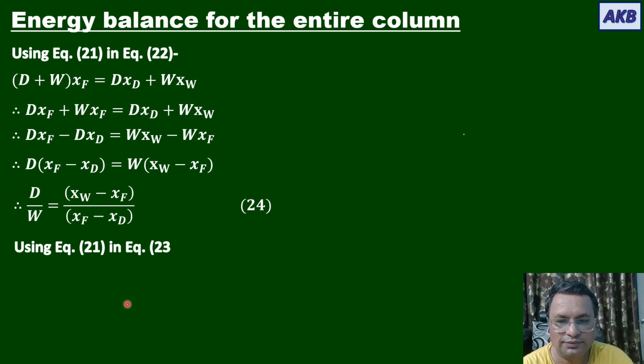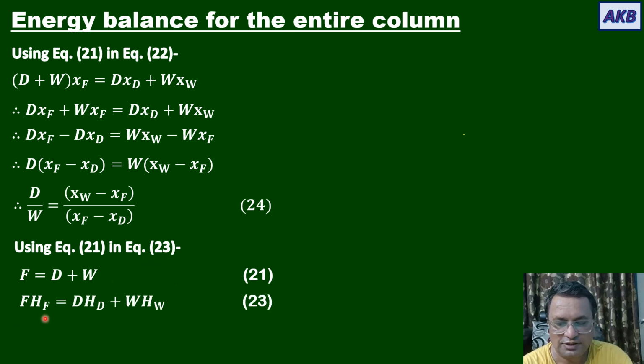Now the other task is to use equation 21 in equation 23. Equation 21 is F is equal to D plus W. Equation 23 is F into HF is equal to D into HD plus W into HW.